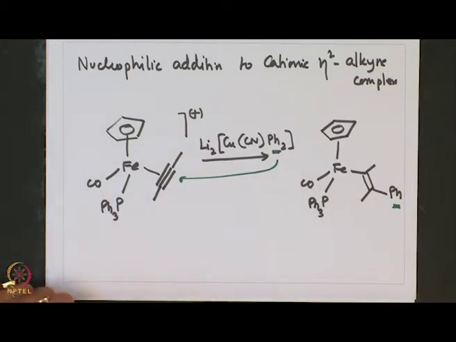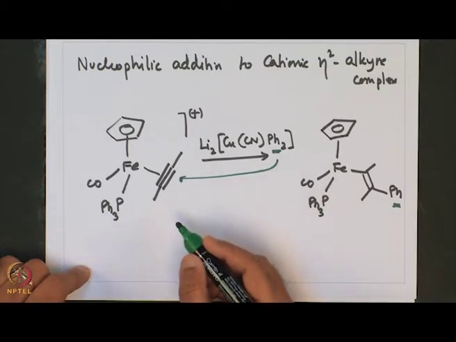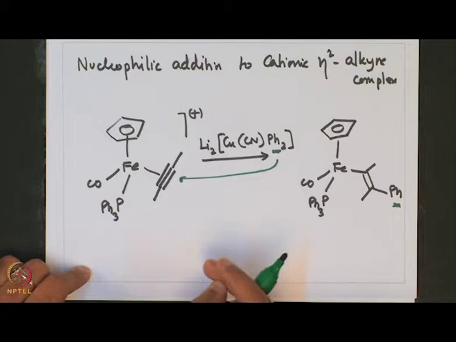It must be noted that nucleophilic attack on an alkyne is counterintuitive, because the nucleophile as well as the alkyne are both electron rich.